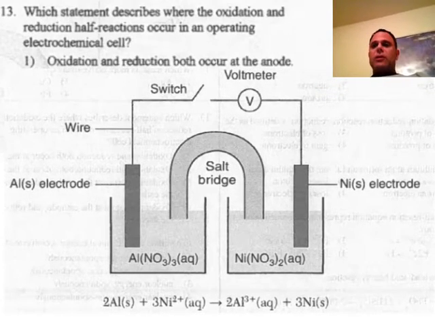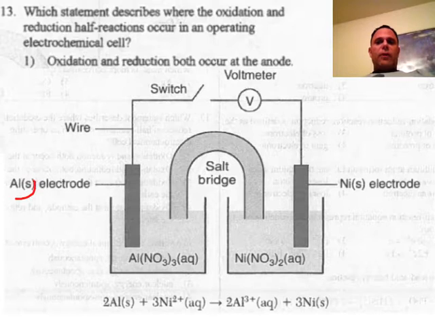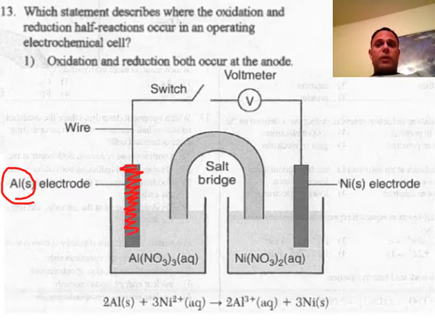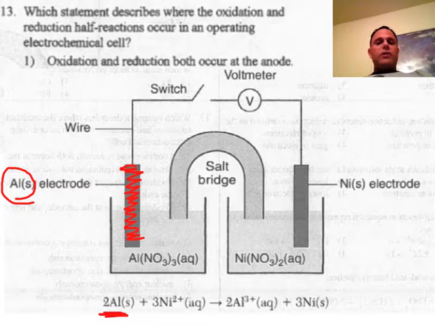Where is the oxidation and reduction going to take place? Now in this picture we have aluminum, which is this electrode right here that I'm scribbling in. And it's noted right here. 2 aluminums, in fact, help balance the equation for reasons we do not need to get into at this moment.